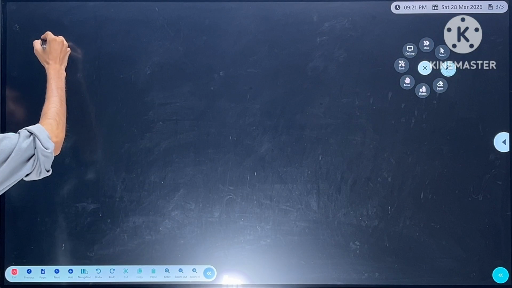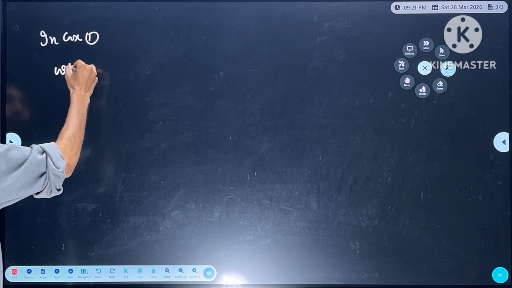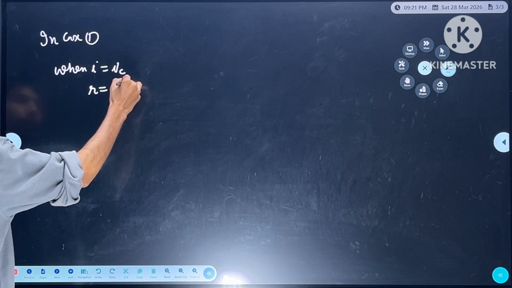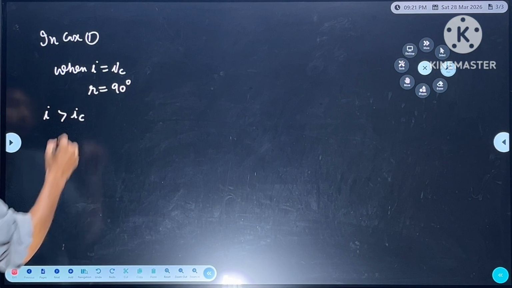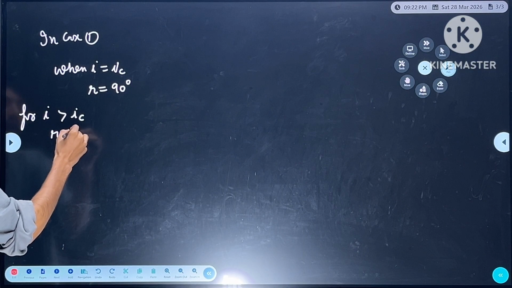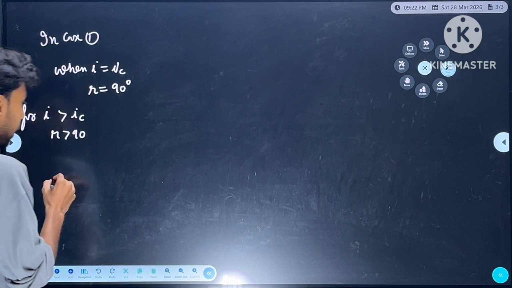As you have seen, in case first, when I was equal to IC, the critical angle, R is equal to 90 degree. So if I is greater than IC, what will happen in that case? This R should be greater than 90, because if you are increasing I, R will again increase. So R is greater than 90.